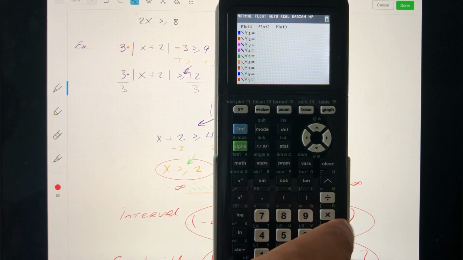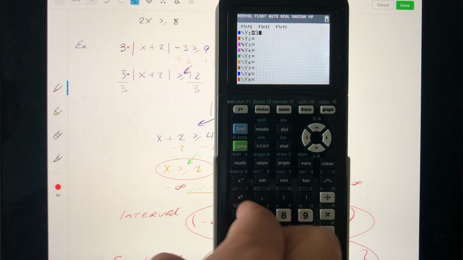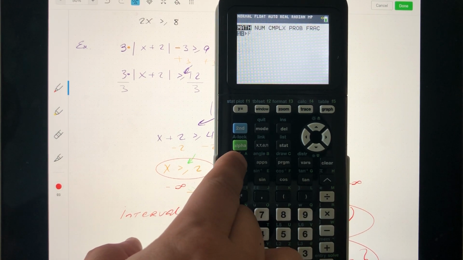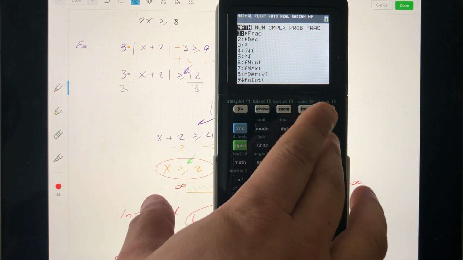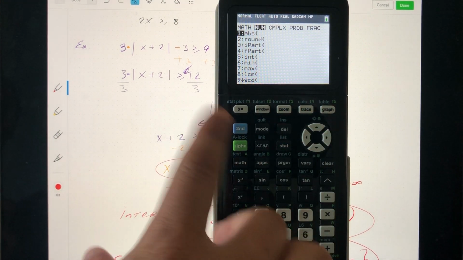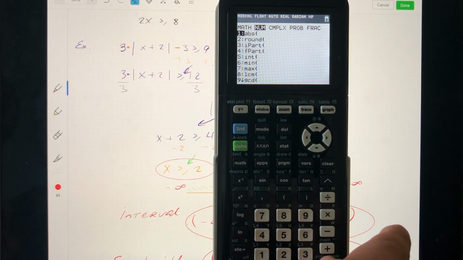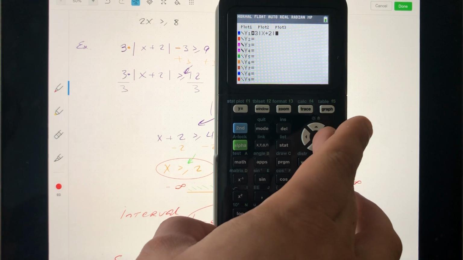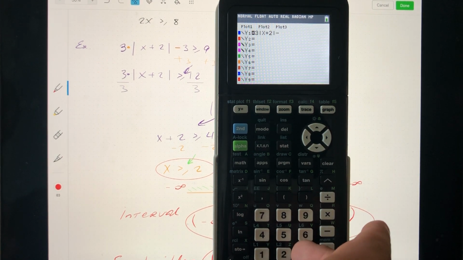Go back to Y=. 3 times, now the absolute value is under the math, so I go to math, NUM, numbers. First choice is ABS, that's absolute value, hit enter. X plus 2, and then after that is minus 3.